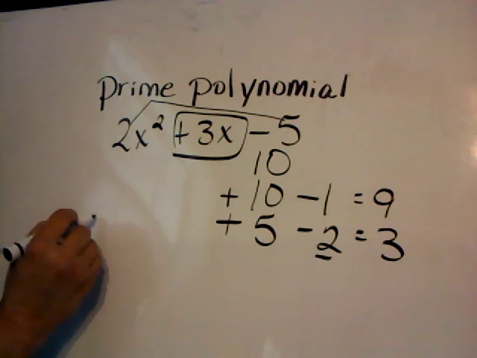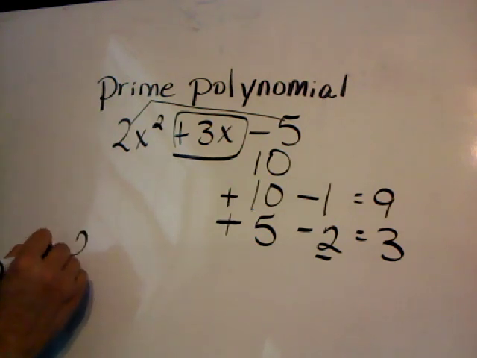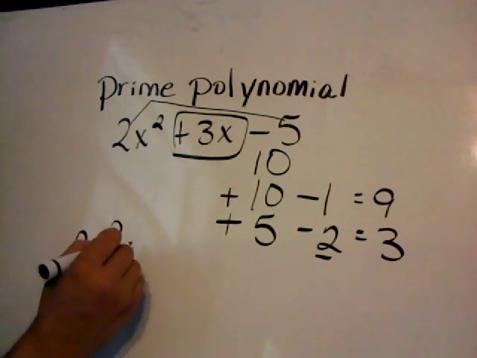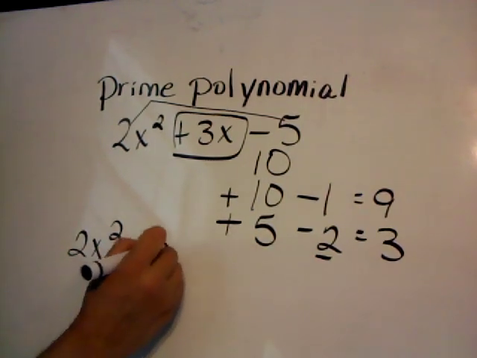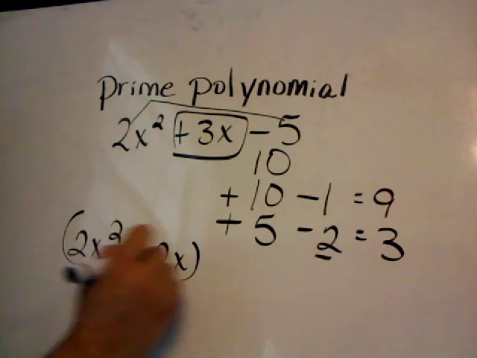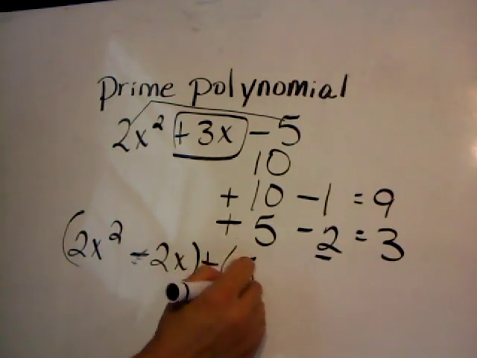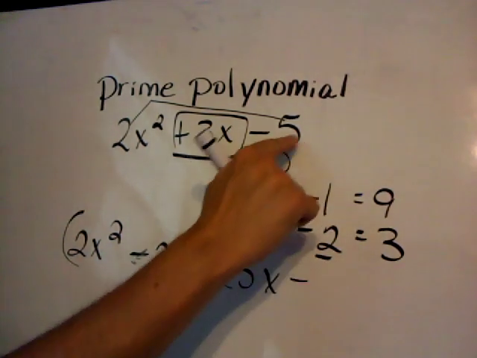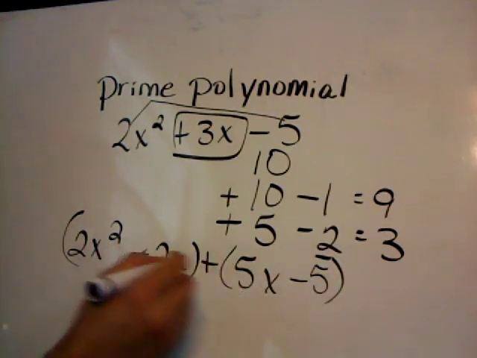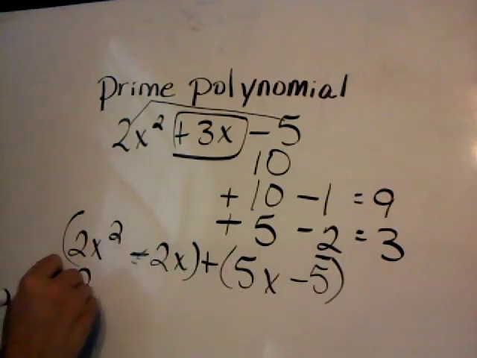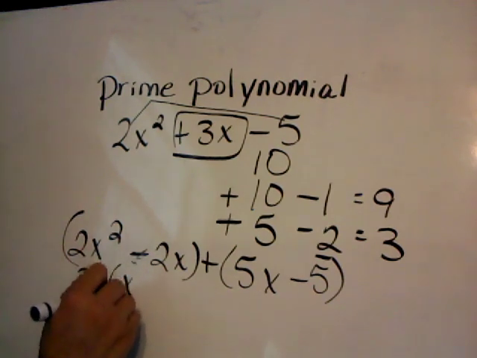So remember my formula. It says 2x squared minus 2x plus 5x minus 5. Don't forget your formula. Okay, I'm going to take out a 2x here, leaving me with x minus 1.